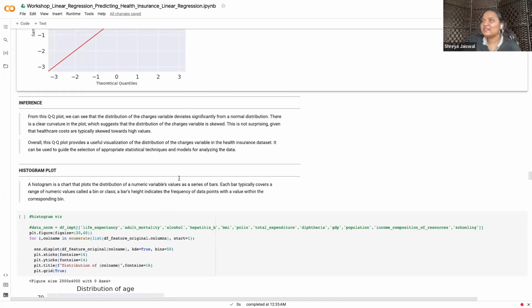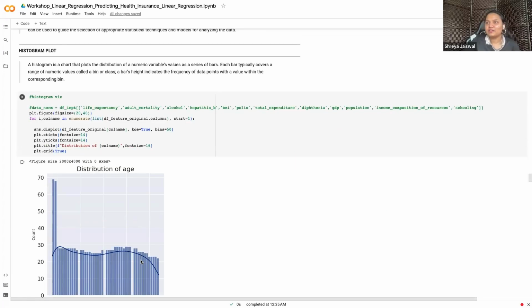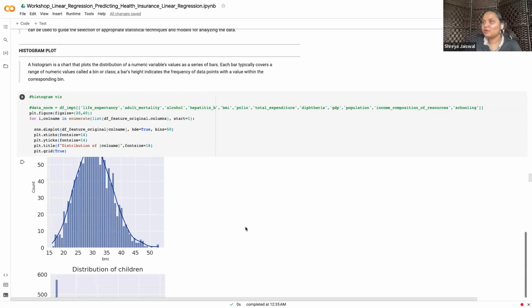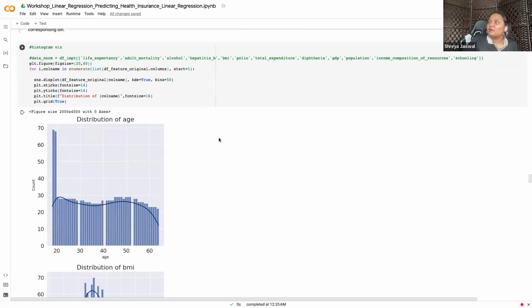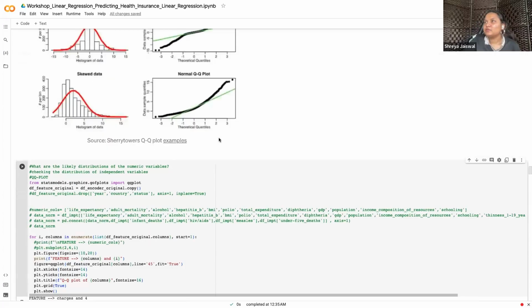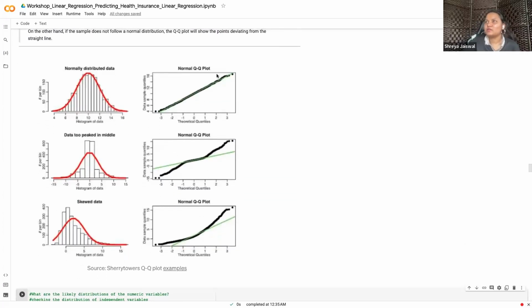To understand the QQ plot in a more visual way, this is what the histogram would look like. I think this particular image, which I just had for comparison, talks a lot. Our histogram plot for BMI should look something like this.